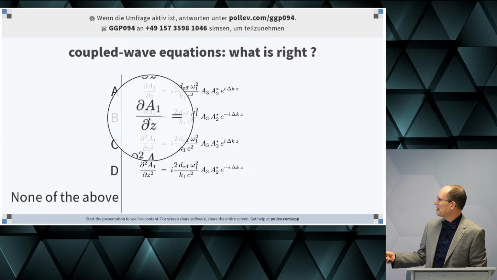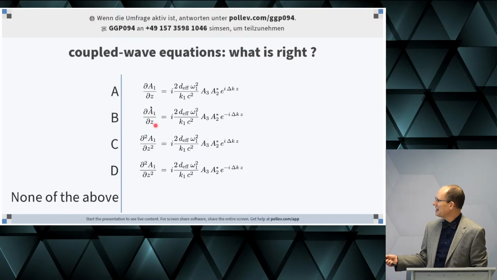Let's first discuss C and D. Here we have the second derivative, which is, of course, nonsense. But most choose A, and the only difference between A and B is that there is a minus sign here. Actually, I wanted to make A more stupid, by leaving out the imaginary unit.